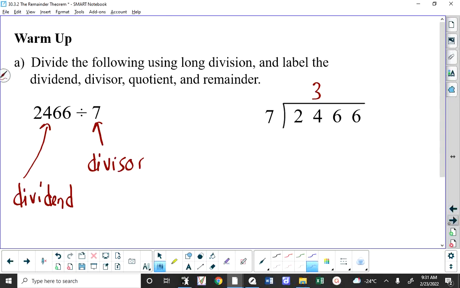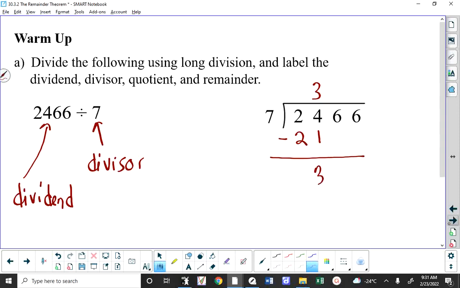We don't worry too much about knowing the name of the dividend, but the word divisor is important here. So we multiply what we got, which is 3, times the divisor, and we write the result below what we were dividing into. This is step 2 of the first layer. And the third step is to subtract the result from what's above. So 24 minus 21 is 3.